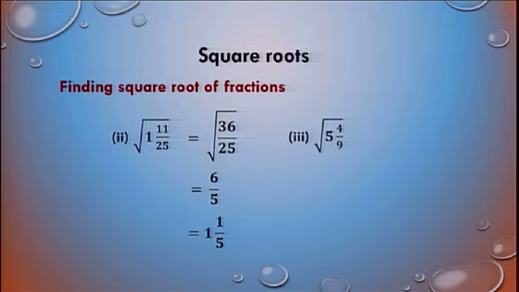Another example, square root of 5 and 4 over 9. It is equal to square root of 49 over 9. Square root of 49 is how much? Yes, 7, and square root of 9 is 3. So we write 7 over 3. As a mixed number, it is equal to 2 and 1 over 3.